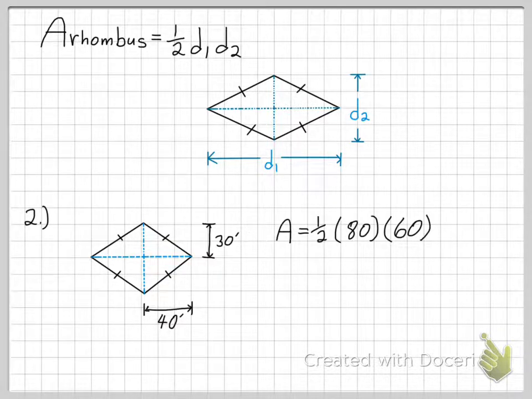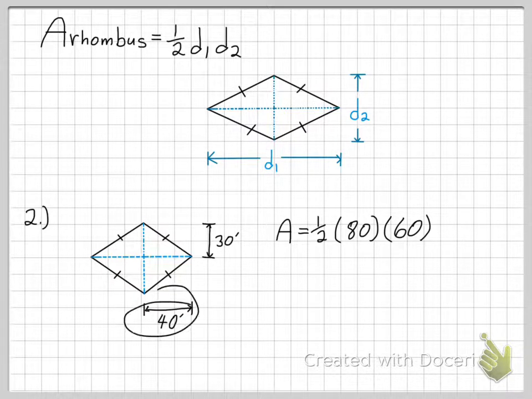Okay? So the formula for the area of a rhombus is 1/2 times the length of the two diagonals. So we have 1/2 and then 80 and 60, because remember, it's the length of the two diagonals, D1 times D2, and these are not diagonals, these are just half of the diagonals. So that's what I mean by be careful. You have to be a little bit clever.